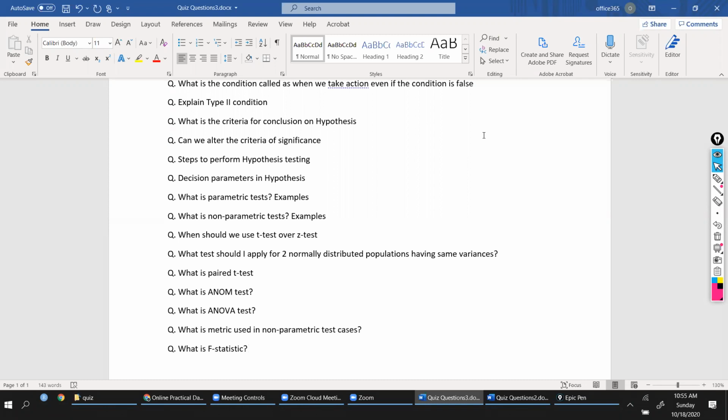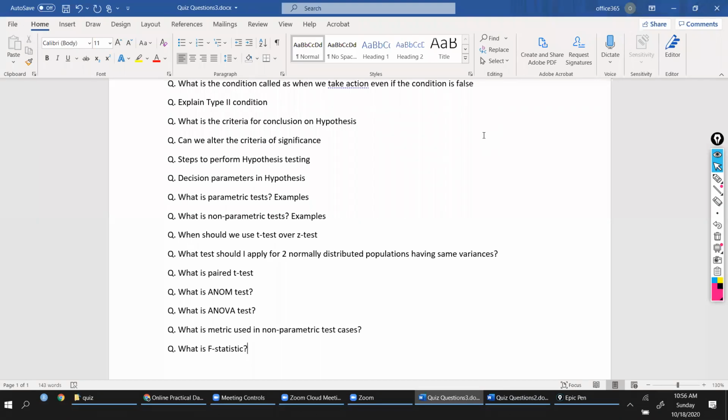F statistic is basically the ratio of the variability between the groups over the within-group variability. Between over within, my bad.